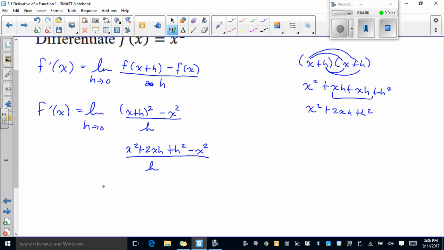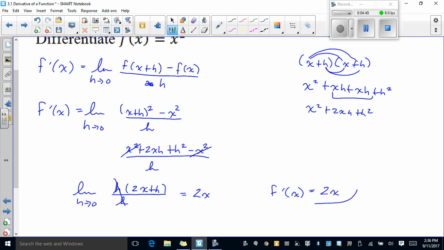So we factor the h out on top: h times 2x plus h, all over h. Cancel these out, and we're left with this. Now we can take the limit as h approaches 0, and this gives us a value of 2x. So f prime of x is equal to 2x. And anywhere on our function of x squared, we can now find the instantaneous rate of change, or slope, of the function.